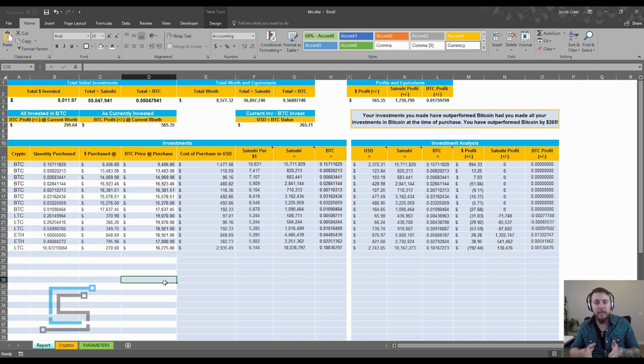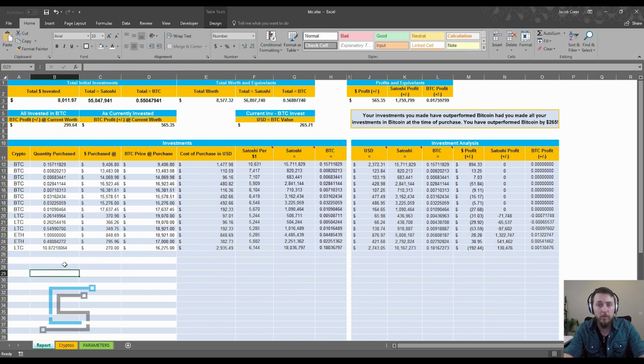So I took the information that he taught me in his video, and I am creating a tool that can help me balance or weigh my investments against Satoshi rather than USD.